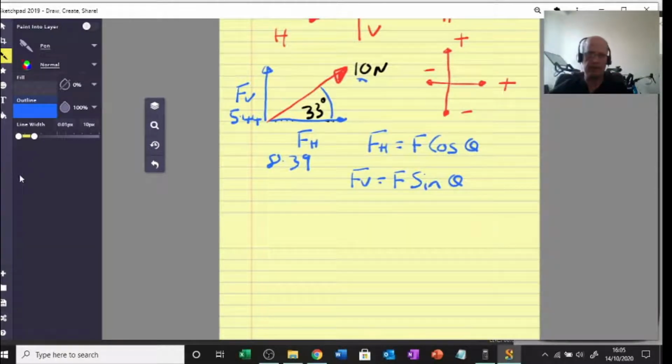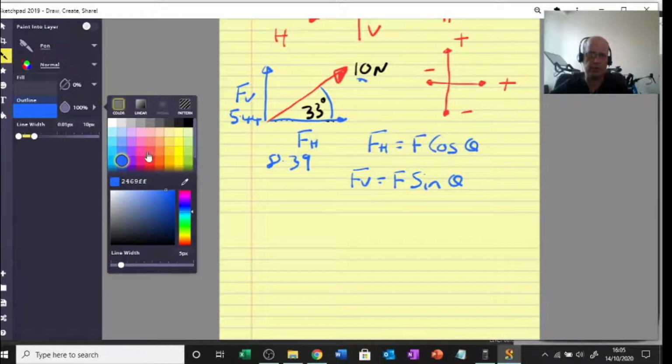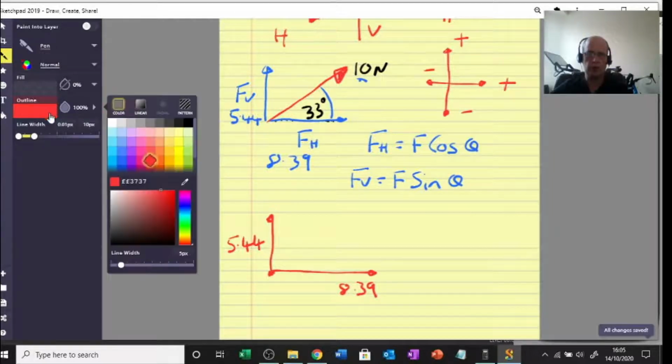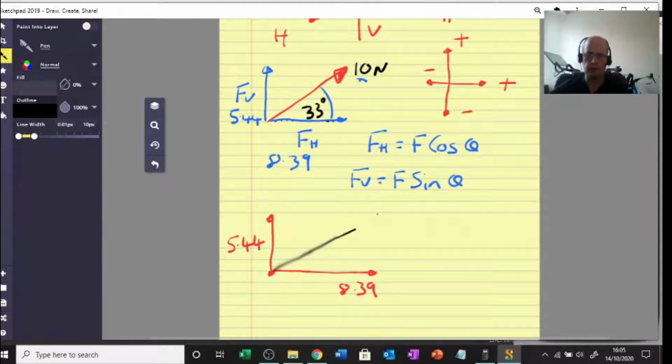And all that really means is, if you want to make it even a bit better, is this. If this was me and I was pulled up in that direction by a force of 5.44 directly up, and I was also pulled in this direction 8.39 newtons, the resultant force of those two forces would mean that I go that way 10 newtons at 33 degrees.